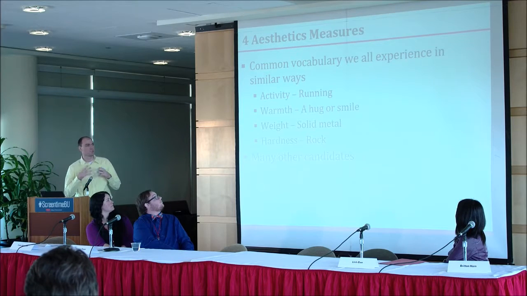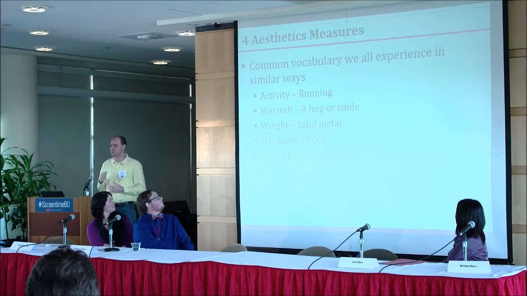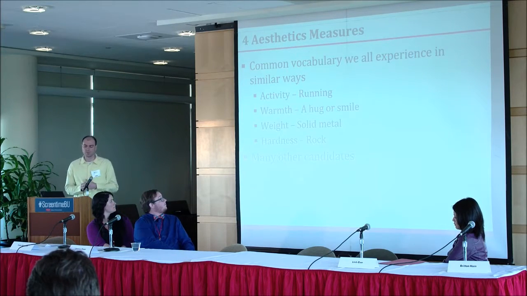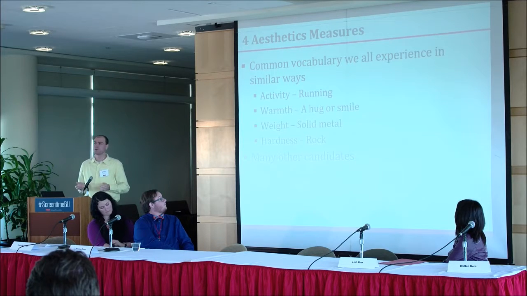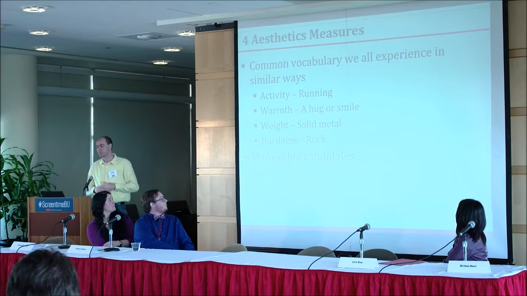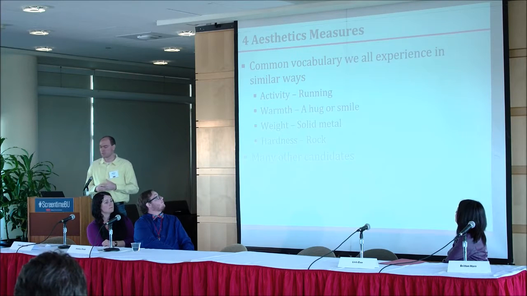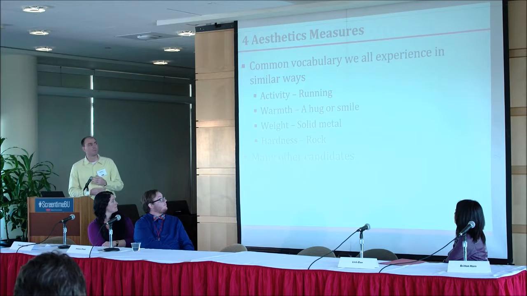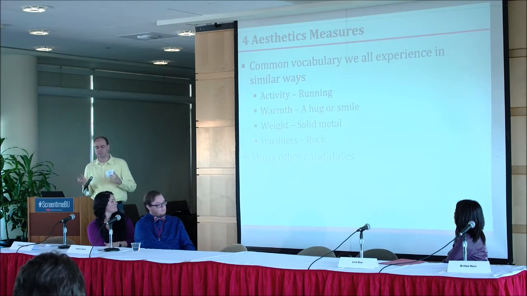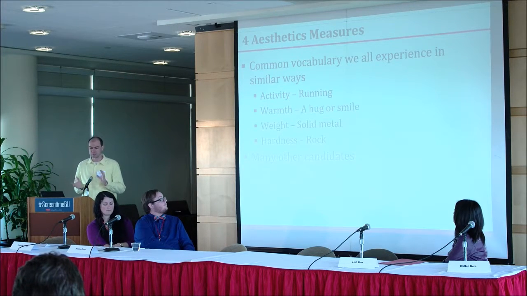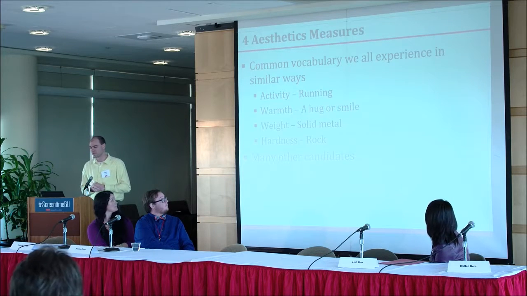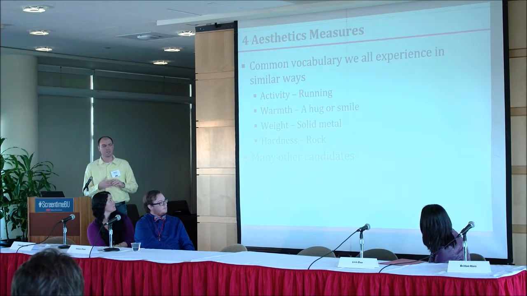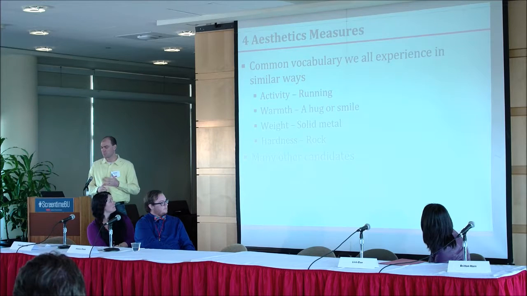The way that we wanted to bridge our 2 domains is to use some vocabulary that everyone experiences in similar ways, things that were not as much open to interpretation as some other words or semantics. Obviously, this is a very small set. We could enlarge it and use many different things, but this is what we started with for our first initial go at it. And this is activity, warmth, weight, and hardness.